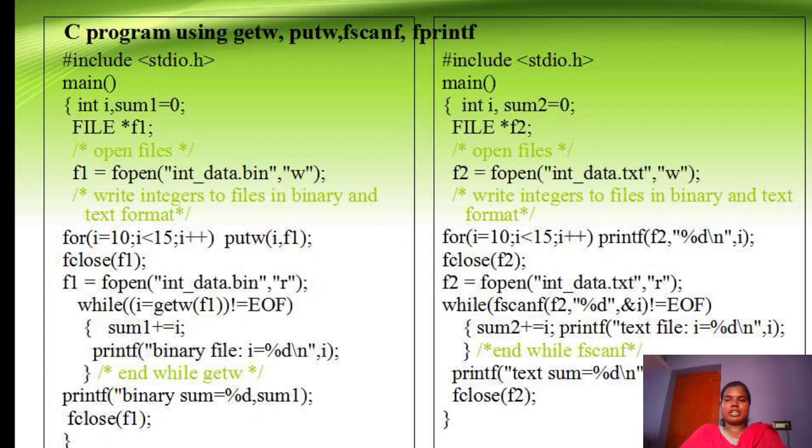Then for i is equal to 10, i less than 15, i plus plus, fprintf f2 comma %d \n comma i. Then fclose of f2. Then f2 is equal to fopen intdata.text comma r. Then sum2 plus equal to i.